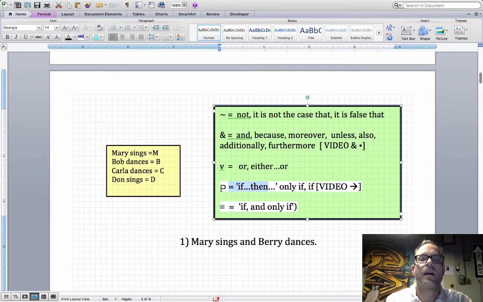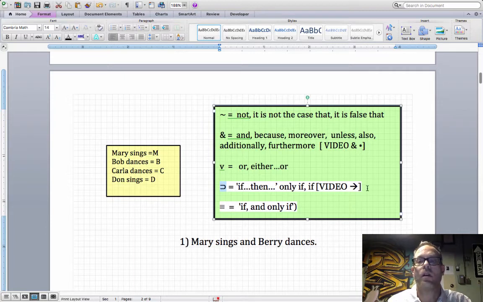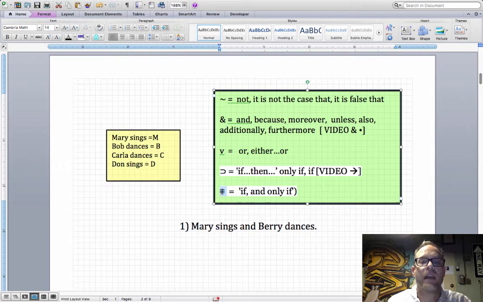The name of this operation is the conditional. People will call it the material conditional if you really want to get fancy. I will call it horseshoe, or I'll call it arrow. And last but certainly not least, we have our logical operator, the triple bar, and it stands for the phrase if and only if, and it is called equivalence. Equivalence means these two things must be the same.